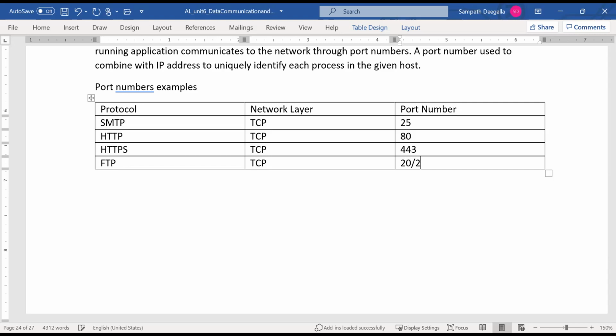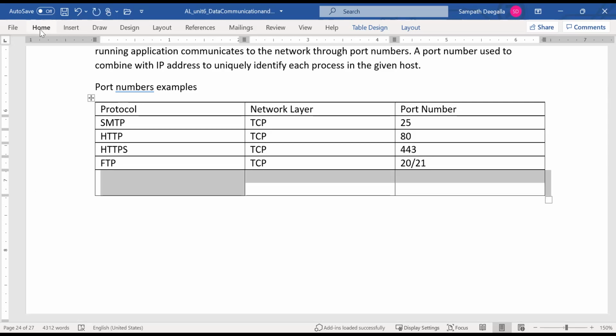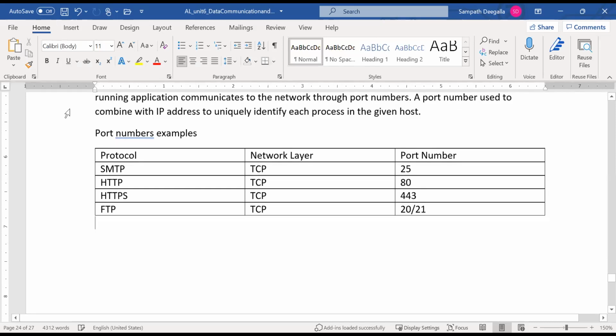We have 21. There are many others as well, like Telnet, IMAP, Secure Shell, DNS, and so on. But this is enough for you to understand different ports and port numbers.